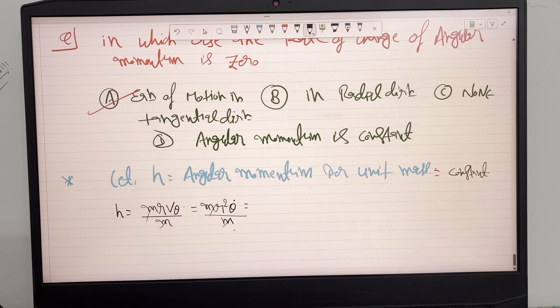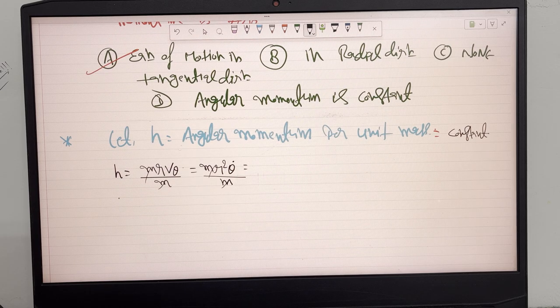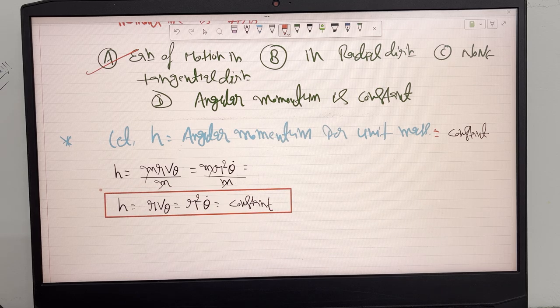Okay. So you will have H is equal to r square theta dot, which is basically a constant. The question can come from this only. Okay, what is angular momentum per unit mass? So it might be a constant, of course.